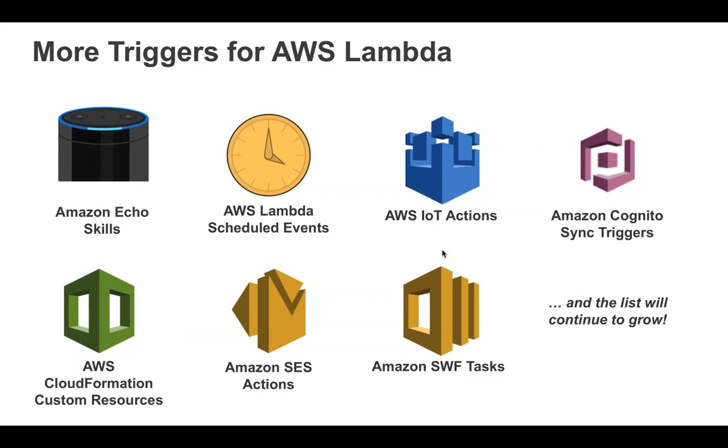Next, another example is CloudFormation. You can have custom resources on CloudFormation cause Lambda functions to be executed, and even Amazon Echo Skills on the Amazon Echo device can cause Lambda functions to be executed. So just a few more ideas of what can cause Lambda functions to be executed. And one more thing worth mentioning, of course, you can also do scheduled events on Lambda. In other words, you can set a time for a function to be executed.